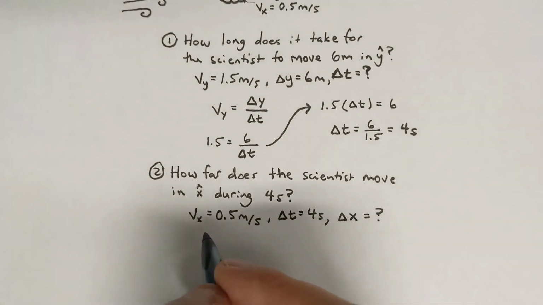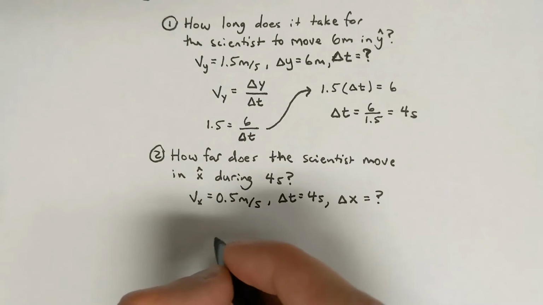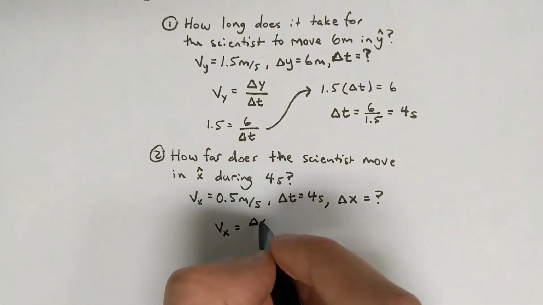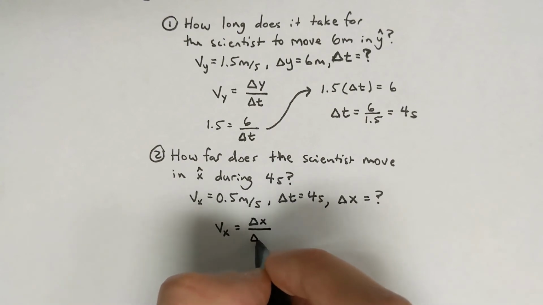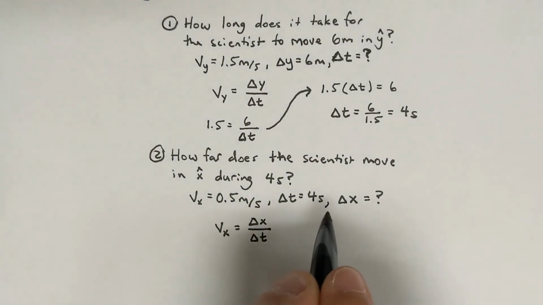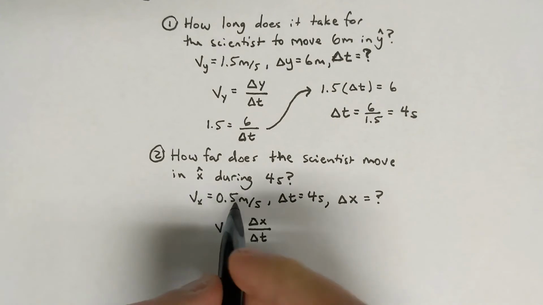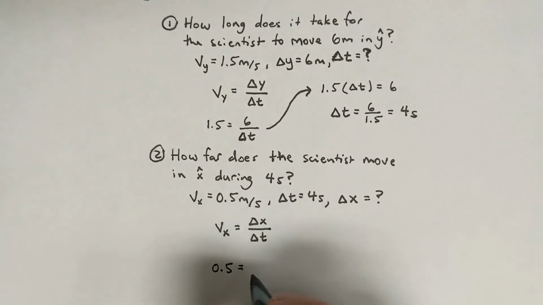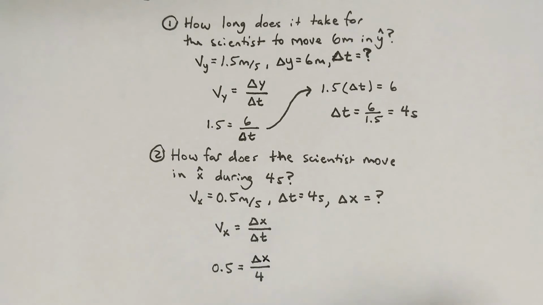So I'm going to have to use the velocity equation. Velocity in x is displacement in x over time. Substitute in the information that we were given. So 0.5 is the velocity in the x direction, 4 is the time, 4 seconds, and the change in position, I don't know.